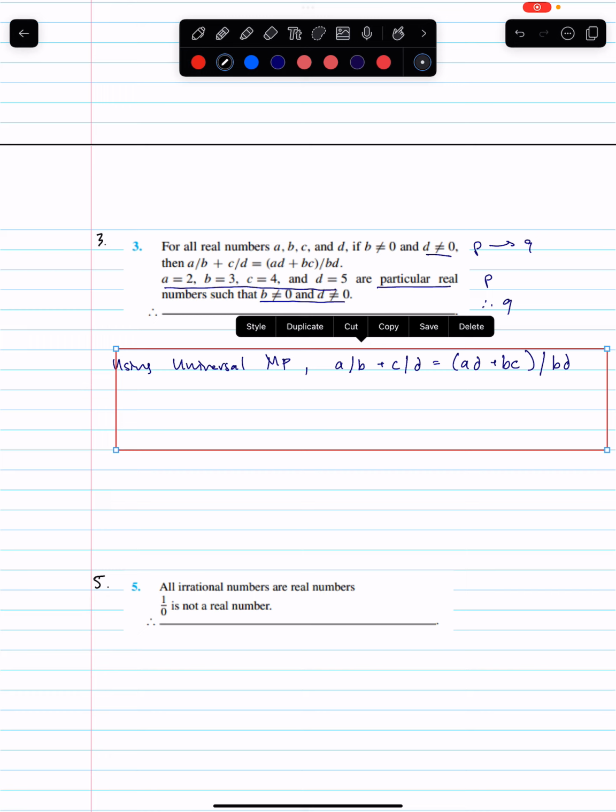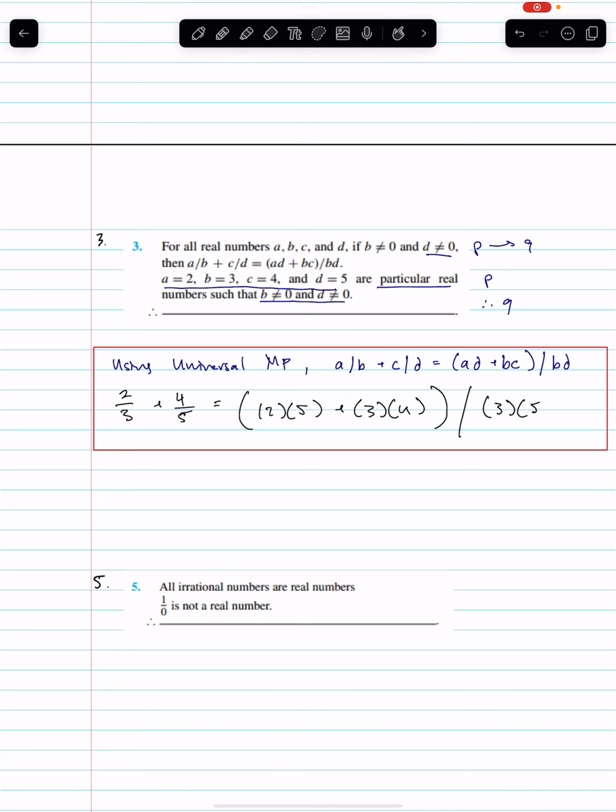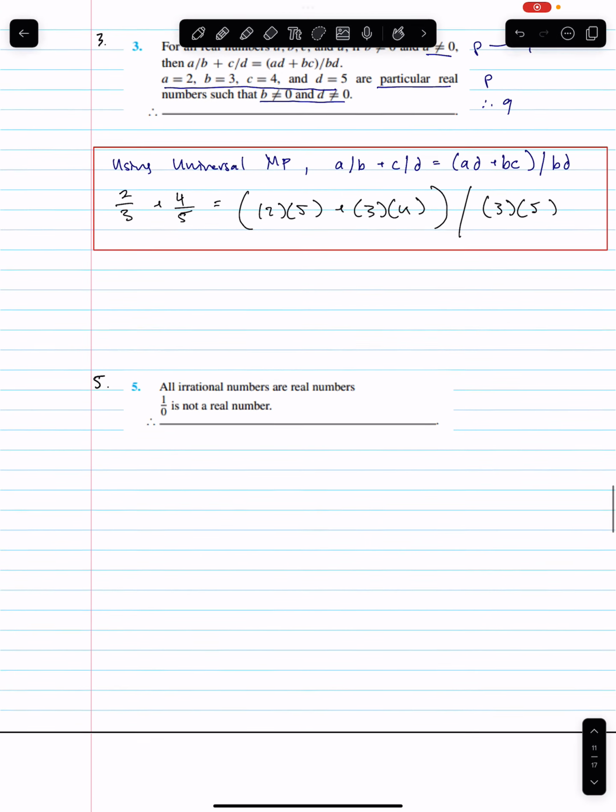So A is 2, B is 3, plus 4 over 5 equals 2 times 5 plus 3 times 4 divided by 3 times 5. Just leave it like that. Yeah, that's correct.